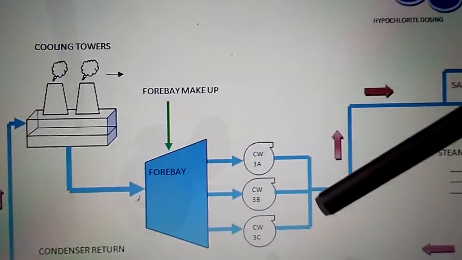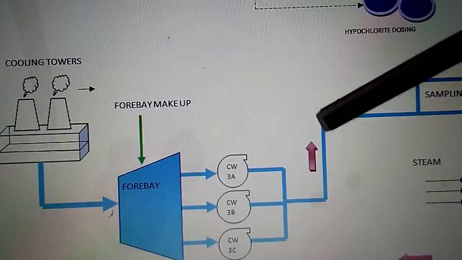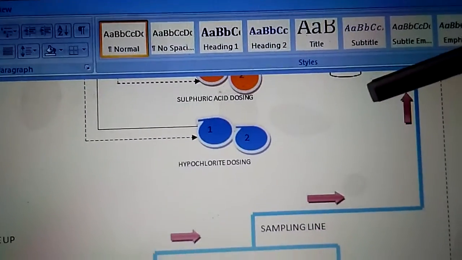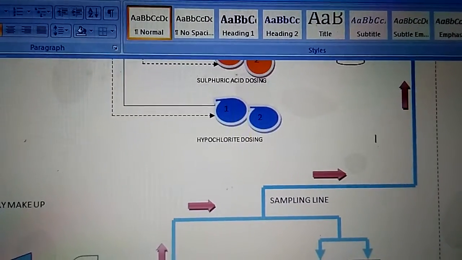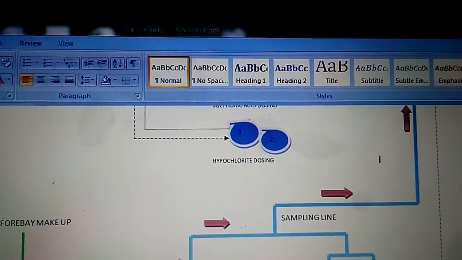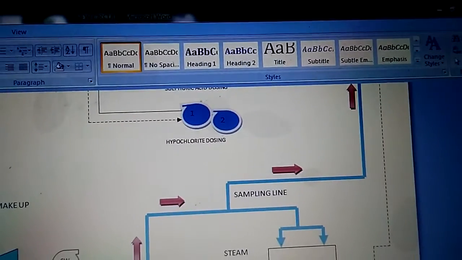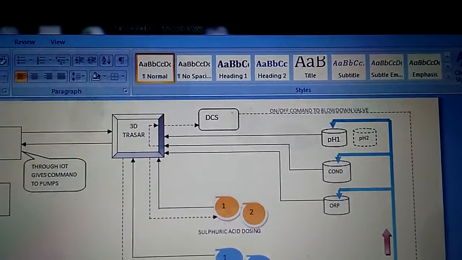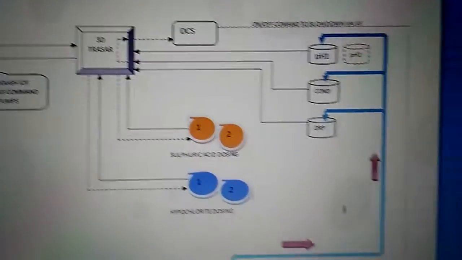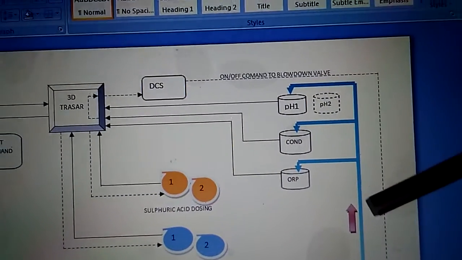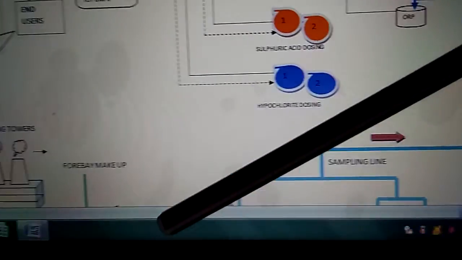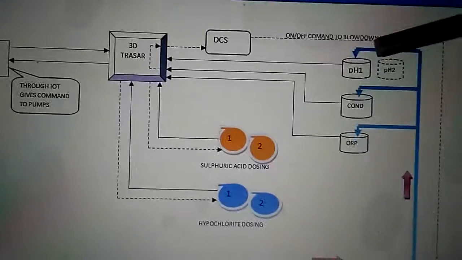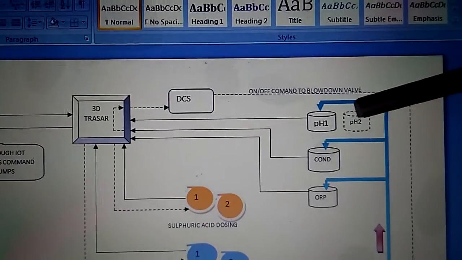For that, a sample from this CW pump discharge is taken into the system. Here you can see a sample from this CW pump discharge line is taken into a system which is known as a 3D tracer system.